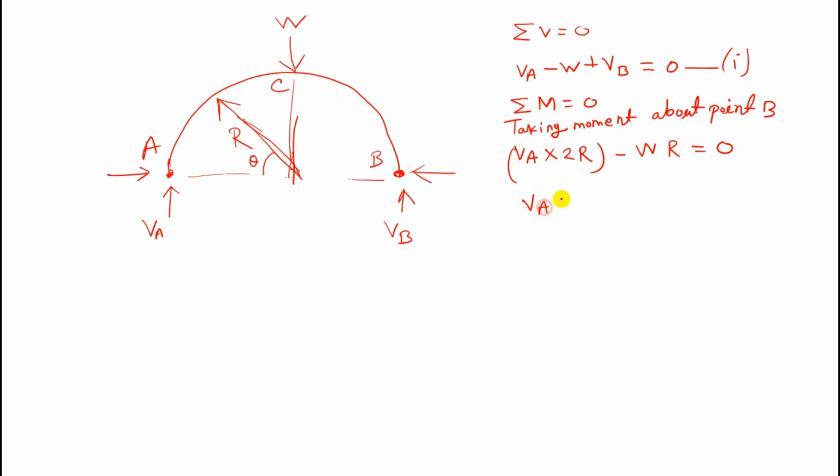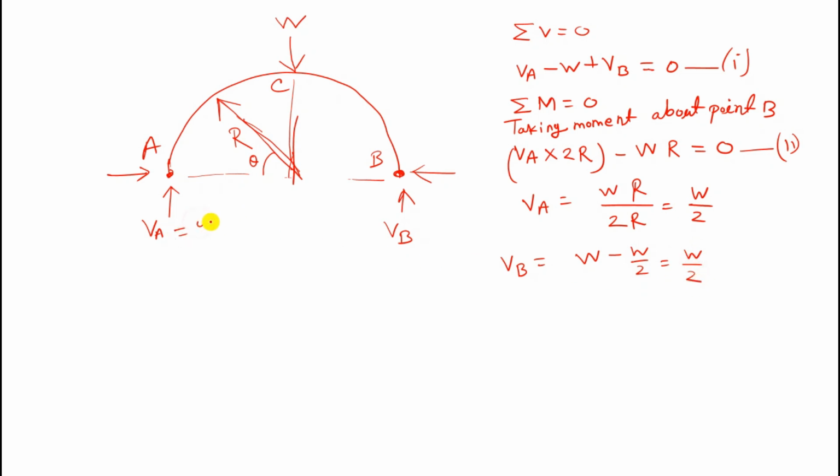So VA equals W R divided by 2R, equals W by 2. And from the first equation, we can get VB equals W minus W by 2, that is also W by 2.